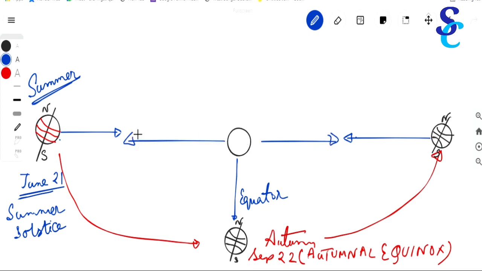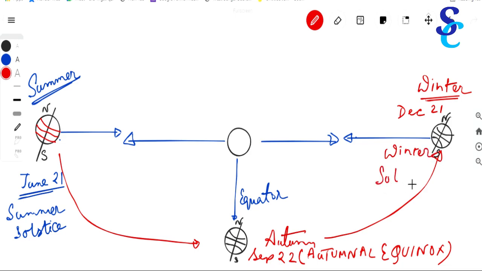So this position gives rise to the winter season in the northern hemisphere. And on December 21, you will have the winter solstice.